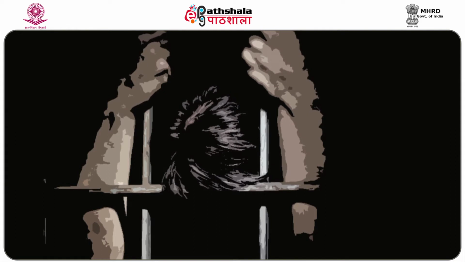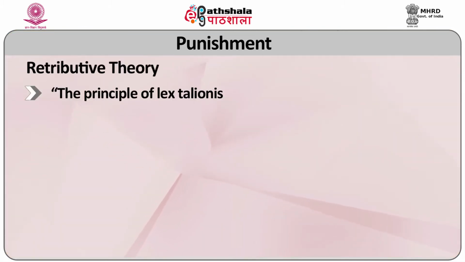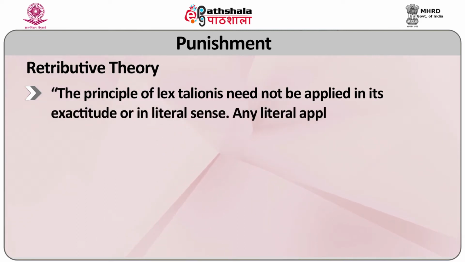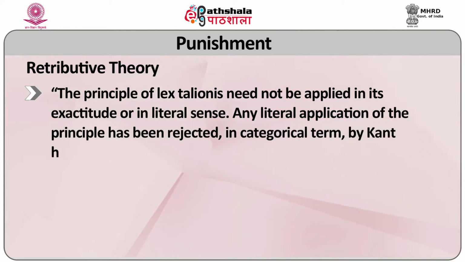However, those supportive of retributive theory argue that the principle of lex talionis need not be applied in its exactitude or in a literal sense. Any literal application of the principle has been rejected in categorical terms by Kant himself.